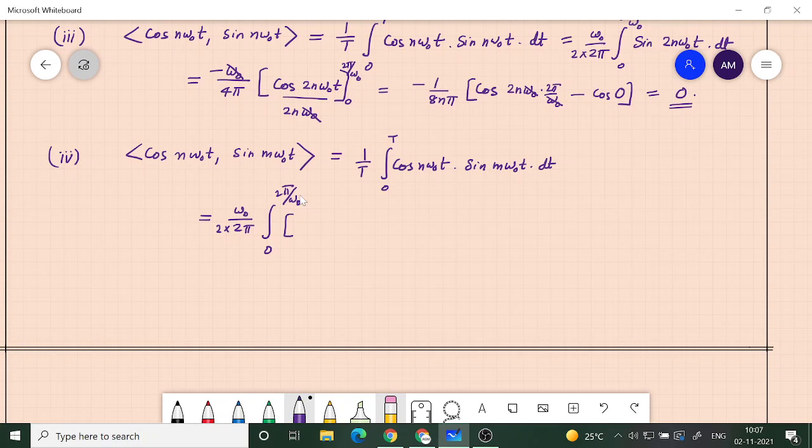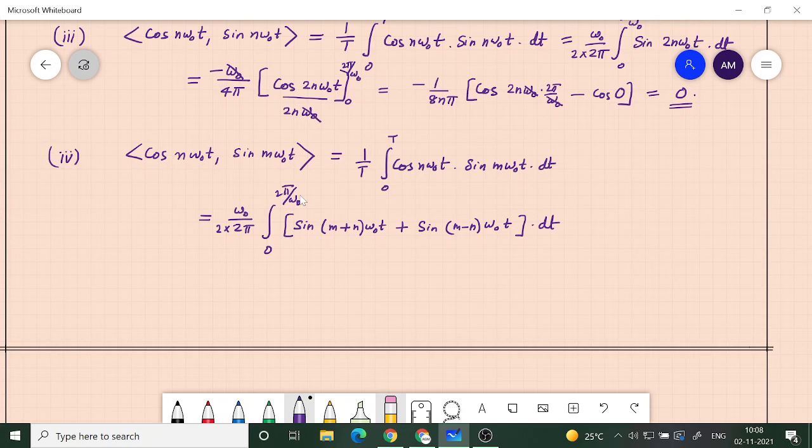2 sin a cos b is what? Sin a plus b plus sin a minus b, that is, sin m plus n omega 0 t, plus sin m minus n omega 0 t, right?